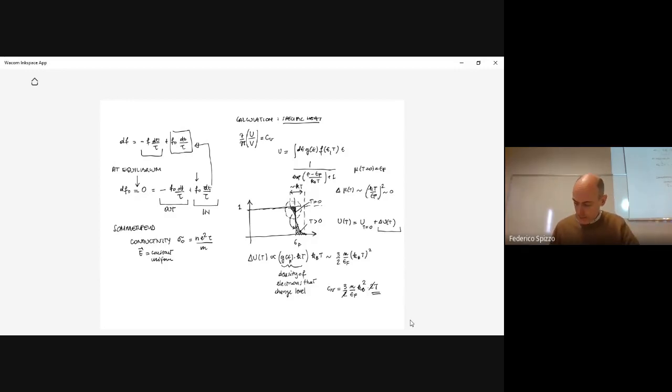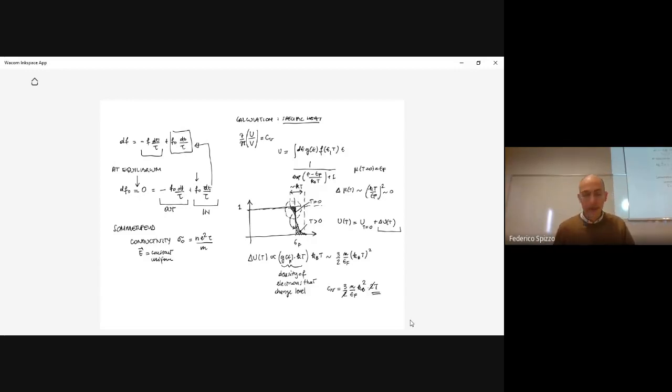Please consider that the aim of this calculation was not to find the actual value of CV, but to find, with a short calculation, what is the expected temperature dependence of the specific heat.